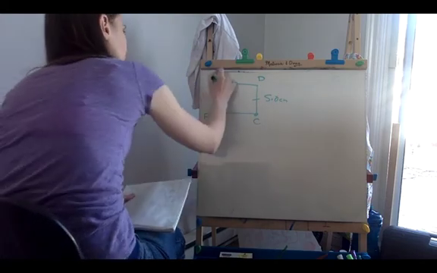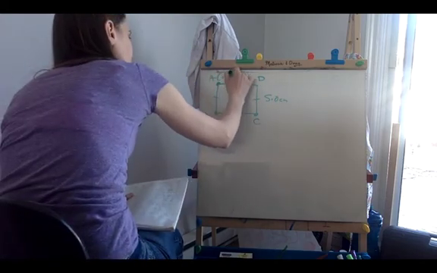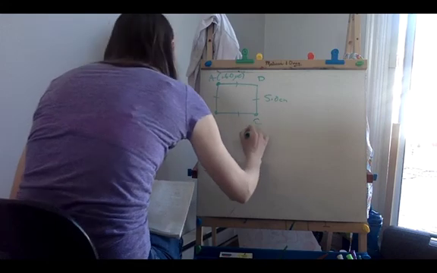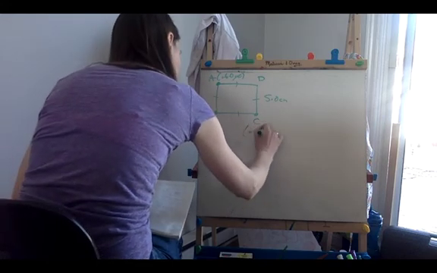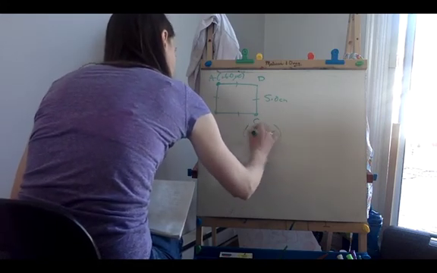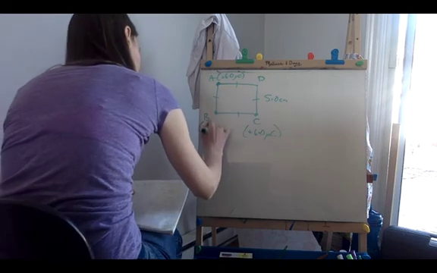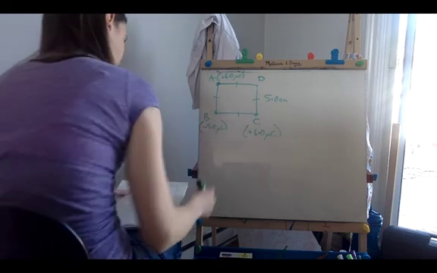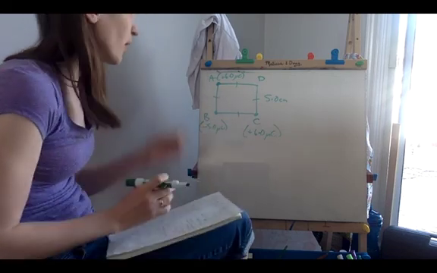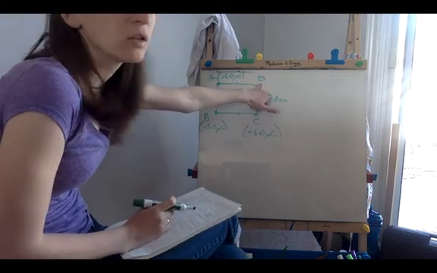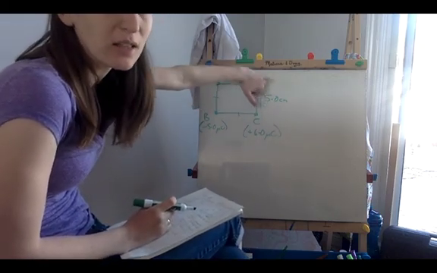This has a charge of plus 6 microcoulombs. This has a charge of also plus 6 microcoulombs. This has a charge of minus 5 microcoulombs. And we're being asked about the electric field intensity that's happening here.